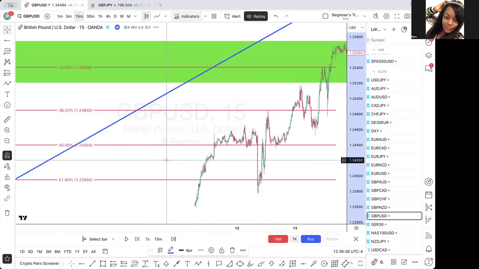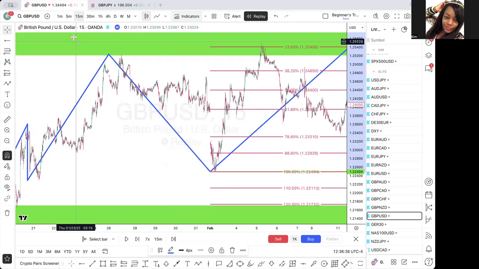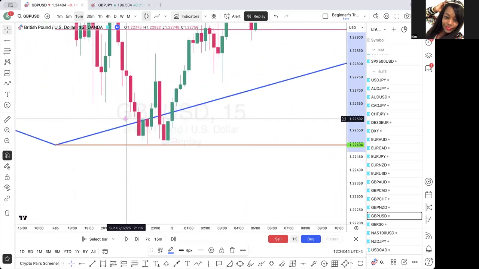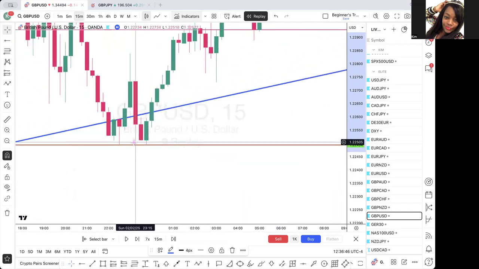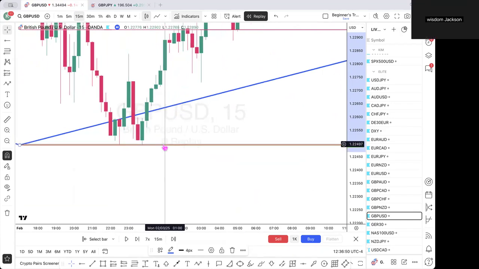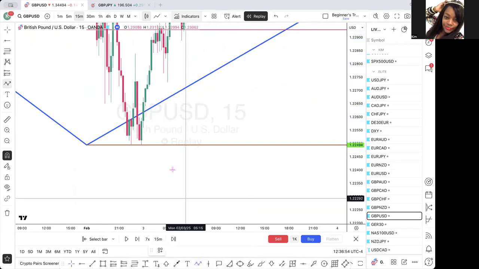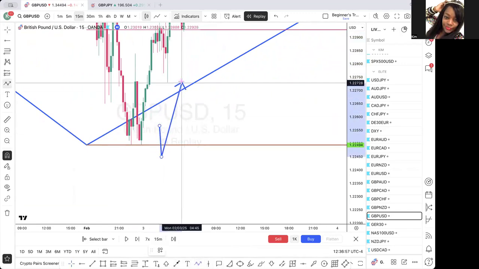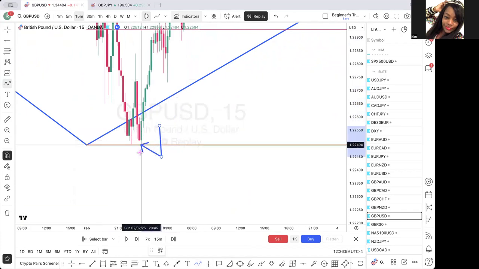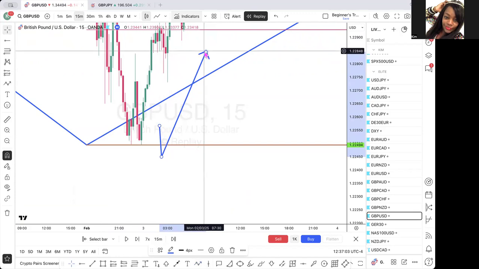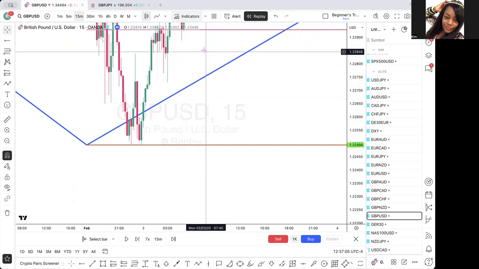Let me show you. You see the two wicks are pretty much equal lows. Price could just sweep that low with a wick, right? And then take off and shift structure for the continuation of the buy.